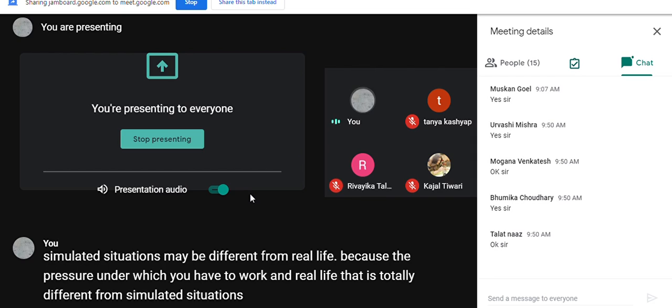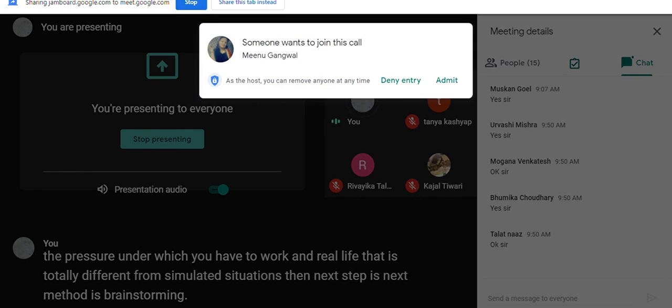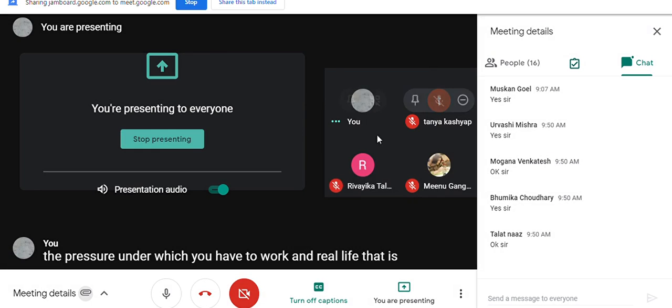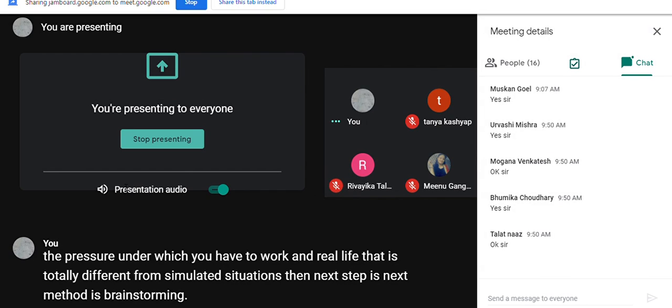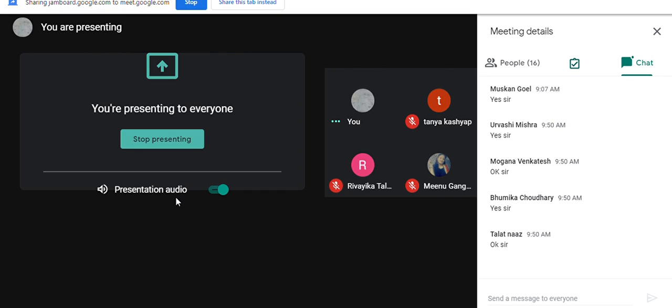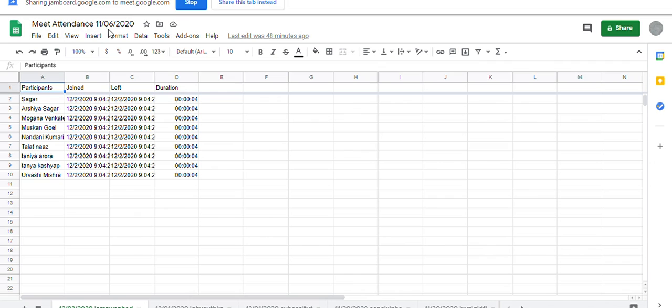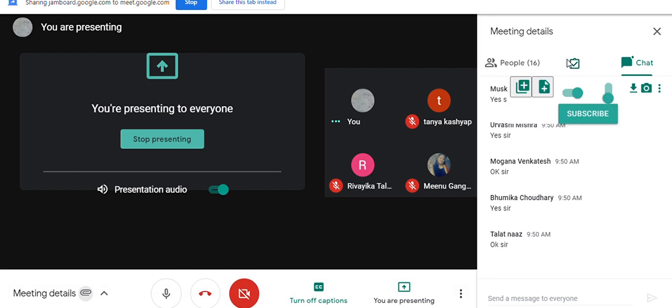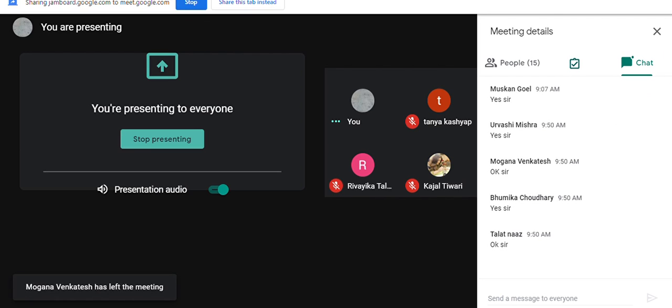The next method is brainstorming. So under brainstorming, it is a conference technique.